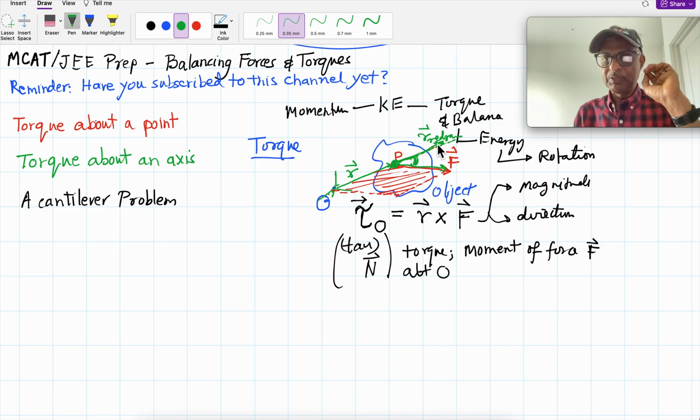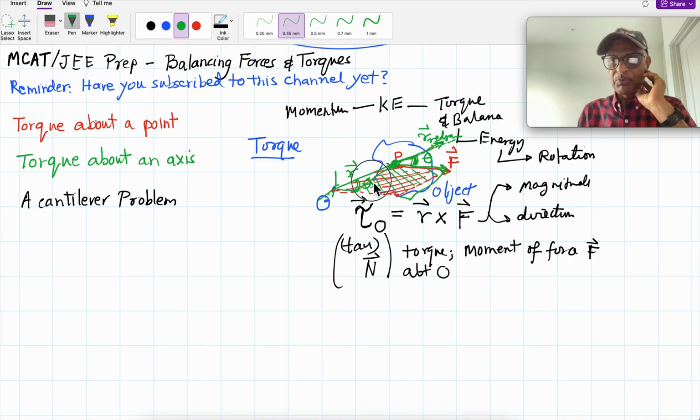The angle between this R and this F, I'm going to call theta. So this angle is the same as this angle down here. Now the area will be the area of this rectangle. I have the rectangle area, so I just have to figure out this distance, and that will be R sine theta, if this is R and this is 90 degrees here.